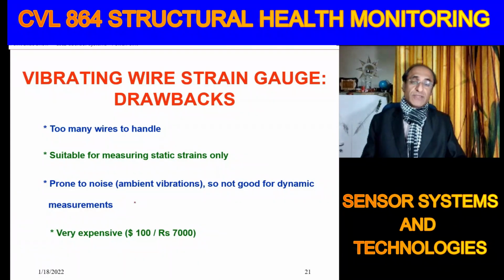The cost is also very high compared to the electrical strain gauge. I hope you remember the cost I had projected for the electrical strain gauge: close to 100 rupees, whereas here it is 7,000, 8,000, something of this order. So it is quite expensive, but it is very good for long-term monitoring. Monitoring for 10 years or more is nothing strange.